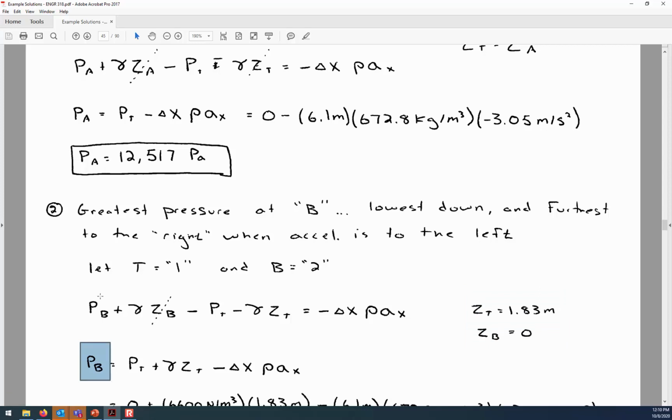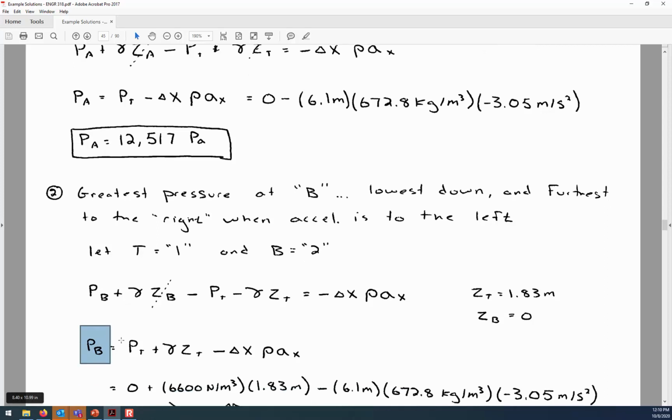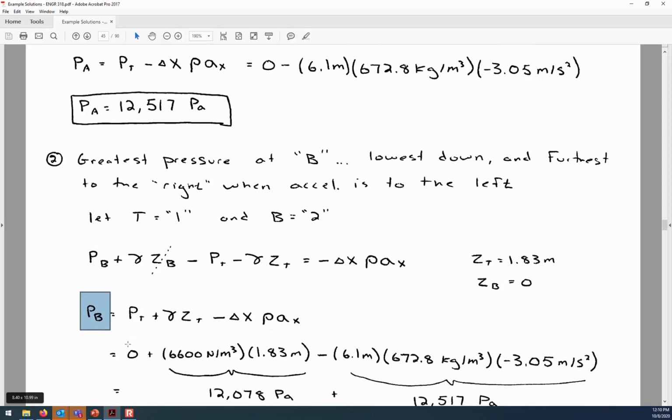So I've rearranged Euler's equation to tell me that it's going to be the pressure at T, which is where it's vented and open to the atmosphere. So the pressure at B is partly going to be because of the elevation difference. And so this 12 kilopascal pressure change is partly because it's lower in the water.